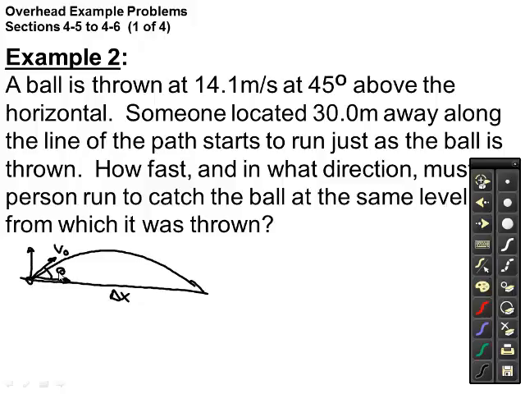Here's our angle theta. This is v naught cosine theta. This is recap, by the way. This is v naught sine theta. We have a launch velocity of 14.1 meters per second. We have a launch angle of 45 degrees. So we can figure out the y and the x initial velocities.